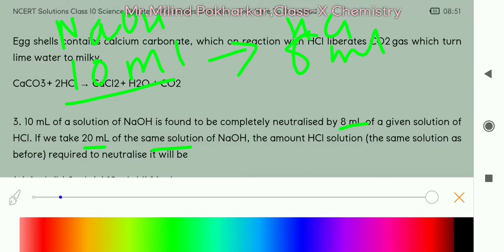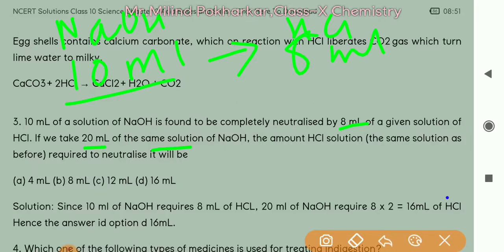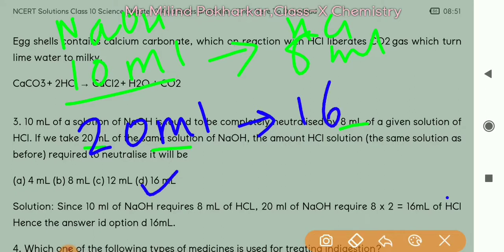Now the NaOH volume is 20, so we just have to double the 8 ml of HCl. 4 is not double of 8, 12 is not. So the correct option is 16 ml.